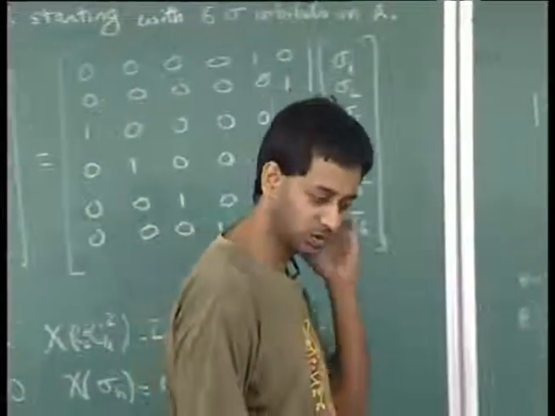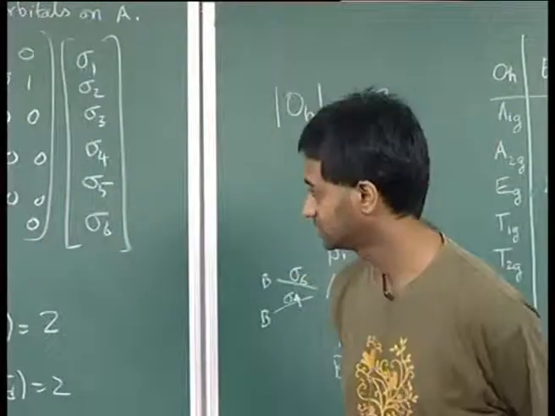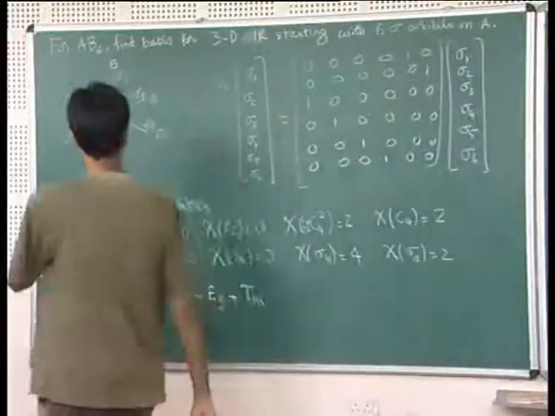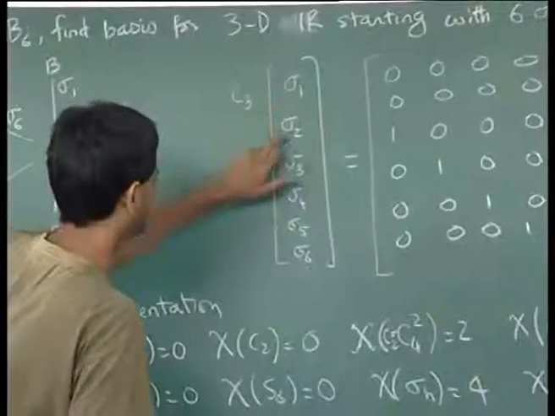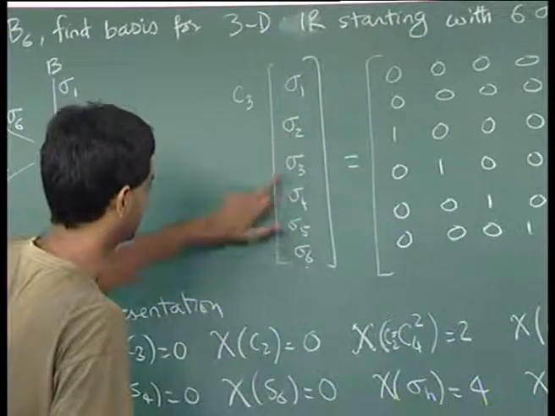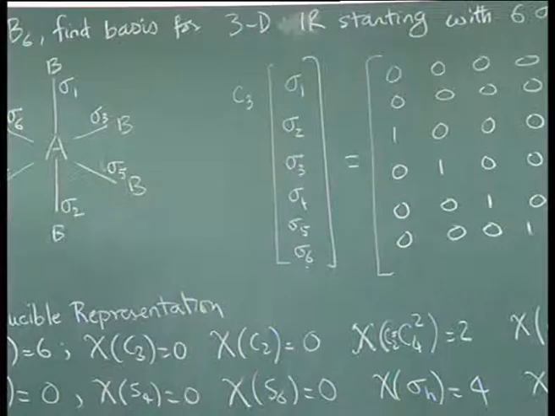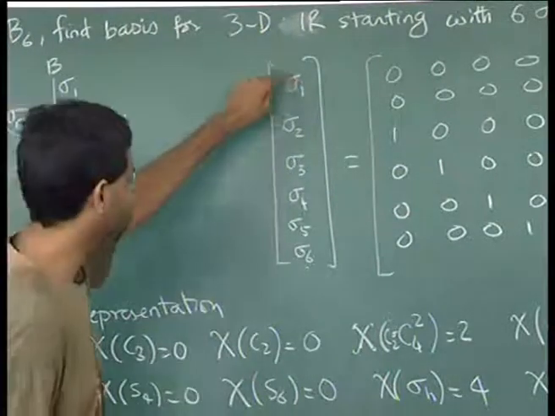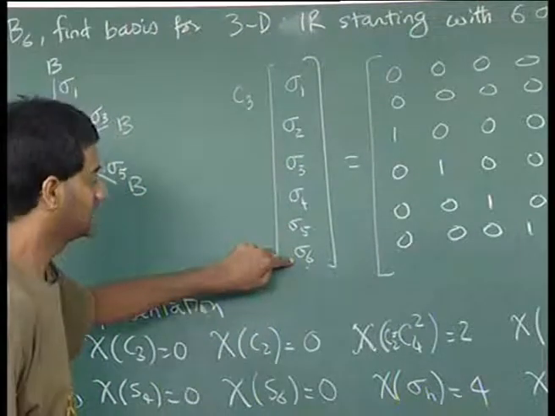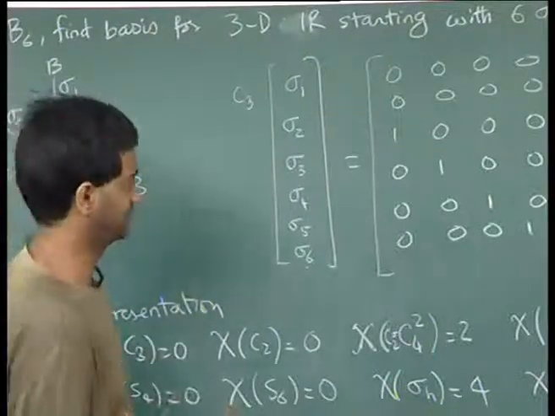So let us calculate the characters of this reducible representation. In order to find the character of any element of any class, you need to operate on this vector sigma 1 through sigma 6 by the various operations of the group, and then find out the characters of each of them.